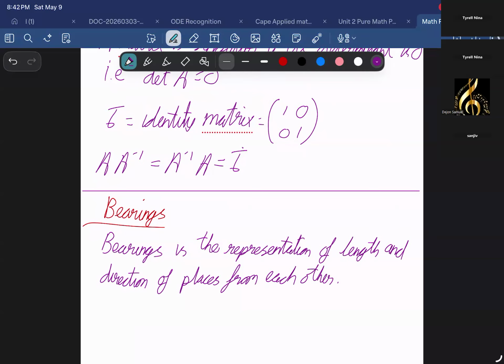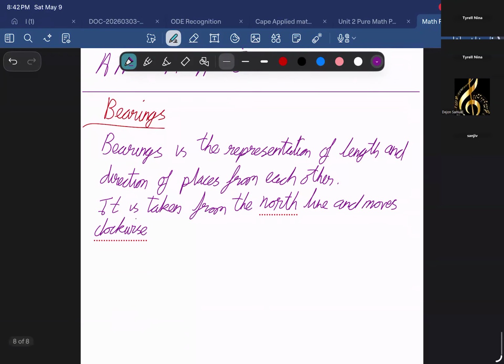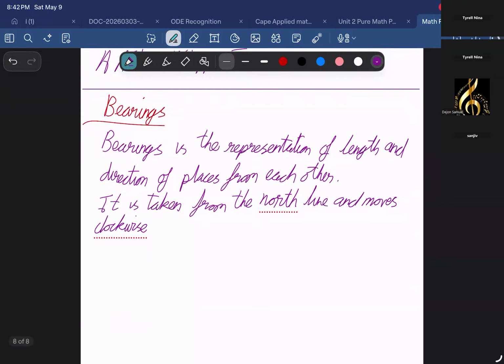It is taken from the north line and moves clockwise.